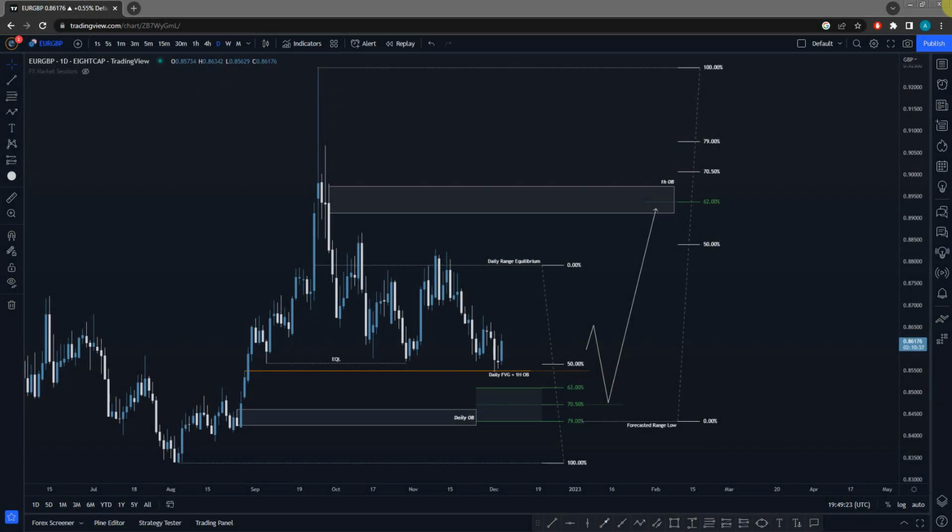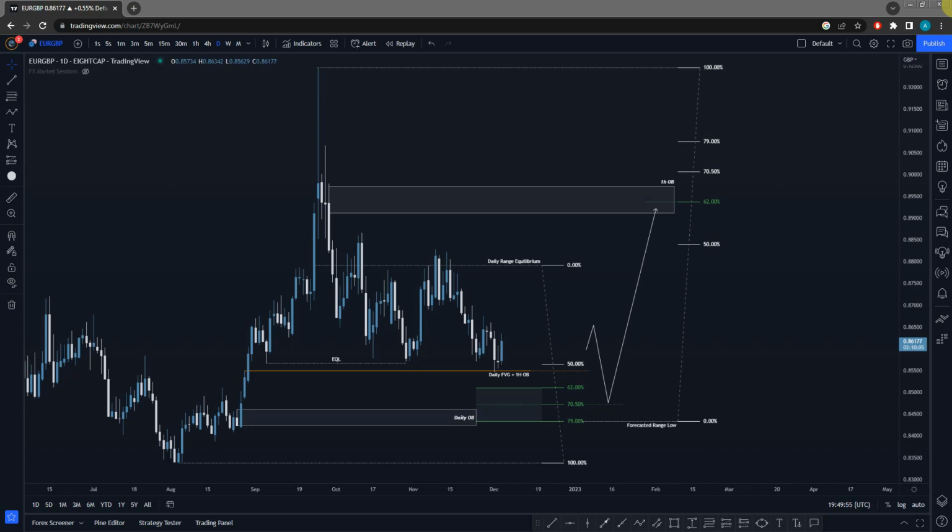Finally, I want to show you guys a slightly advanced analysis of a swing trading setup, which I am currently keeping my eyes on, where I am utilizing the Fibonacci retracement. What you're looking at right now is the daily chart for the euro versus pound sterling, where I have marked out the first Fibonacci from the halfway point down to the previous low of the bullish price rally, where I expect price to trade into a daily order block which is in line with the 62 to 79% Fibonacci range.